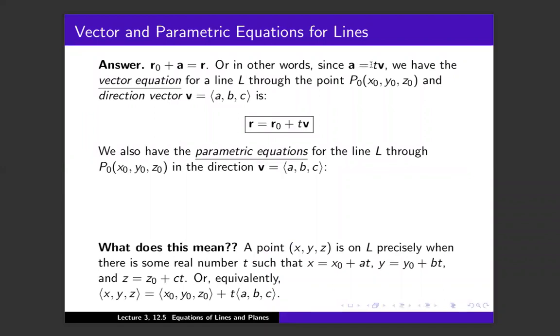So there's some scalar T so that A is equal to T times V. This gives us what's called the vector equation for the line that's going through this point with this direction vector: R is R naught plus T times V.